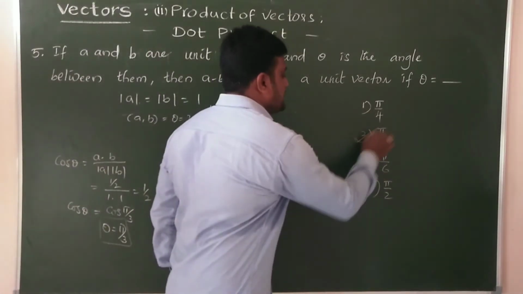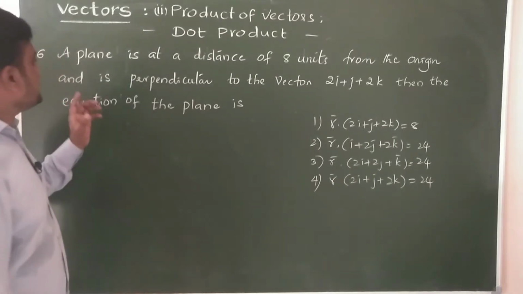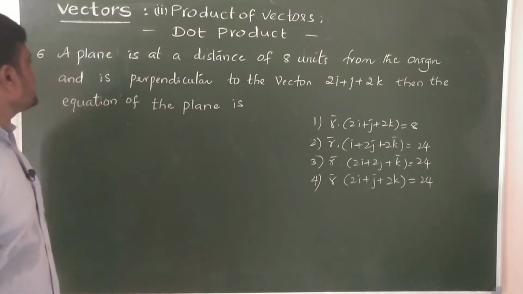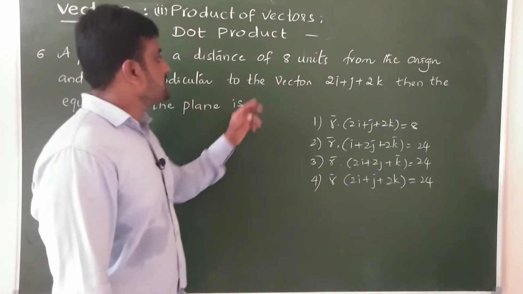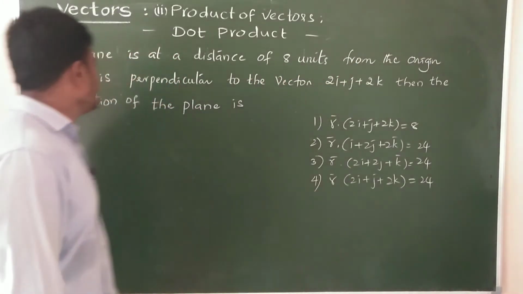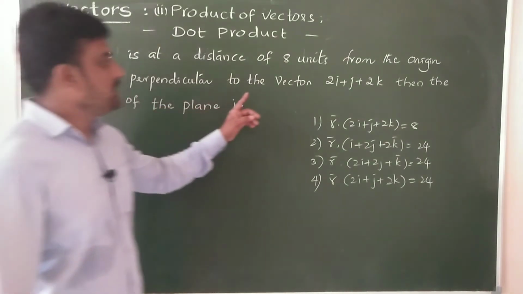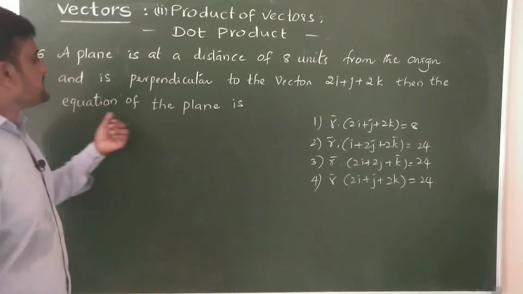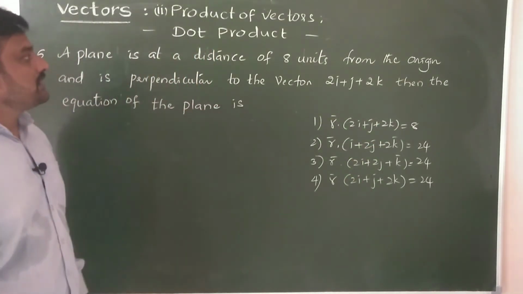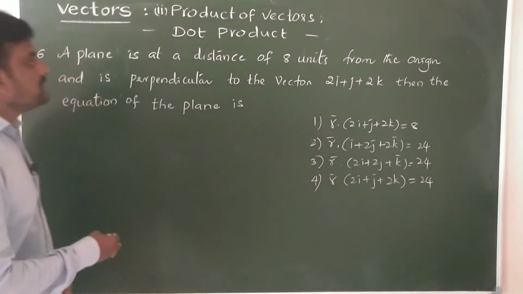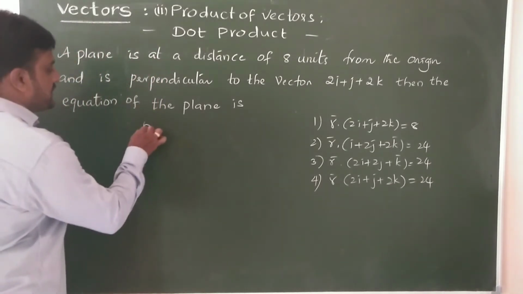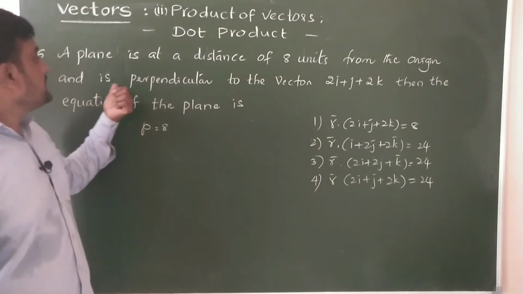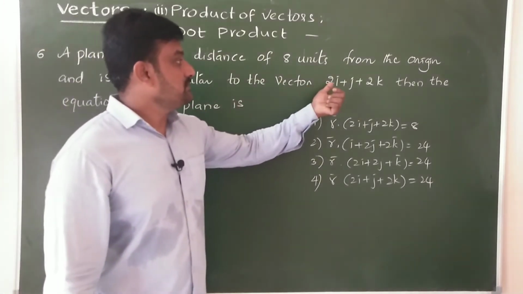Now this is our answer. Second one is the right option. Now the question is: a plane is at a distance of 8 units from the origin and is perpendicular to the vector 2i plus j plus 2k, then the equation of the plane is what? When we know the distance, that is p equals 8 units, and that it is perpendicular to this vector.